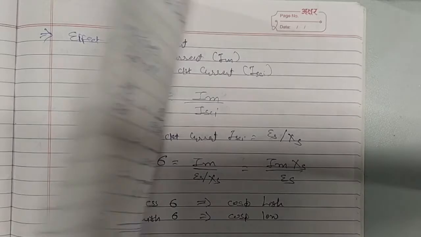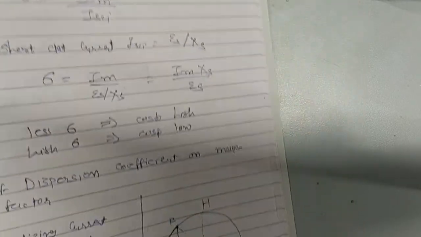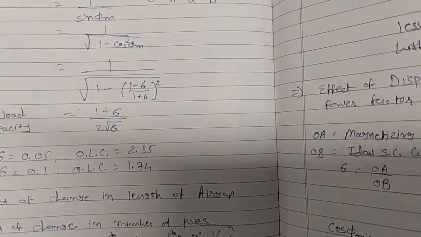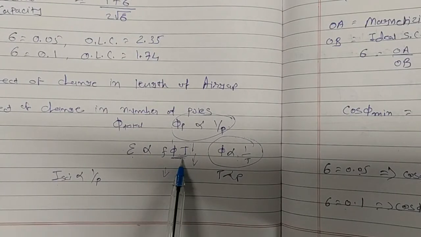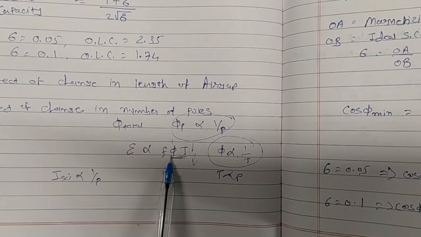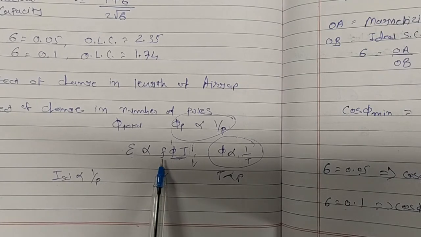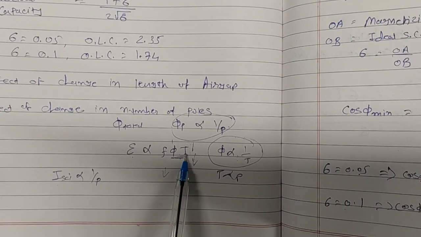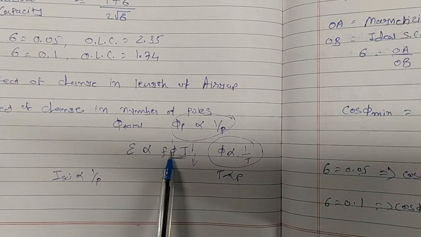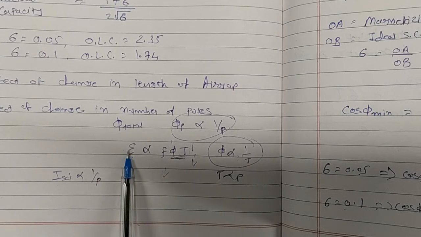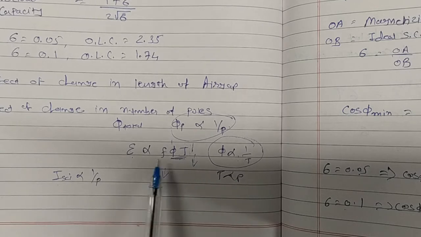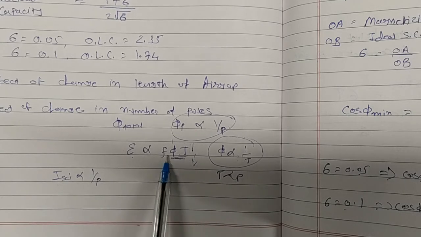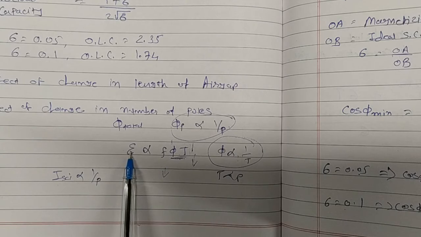The same equation will tell you this. The EMF is proportional to F phi T. What we are saying here is that we don't want to change the flux, and we don't want to change the supply EMF, so we are talking about F and T. The product of F and T should remain constant as long as the EMF is constant.